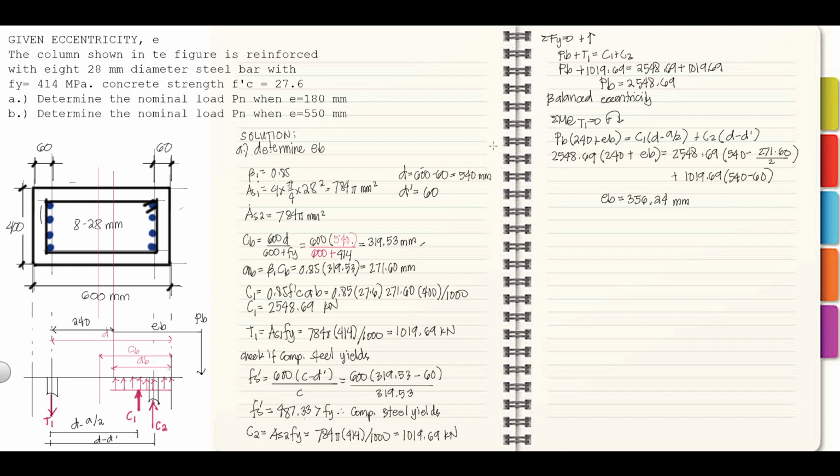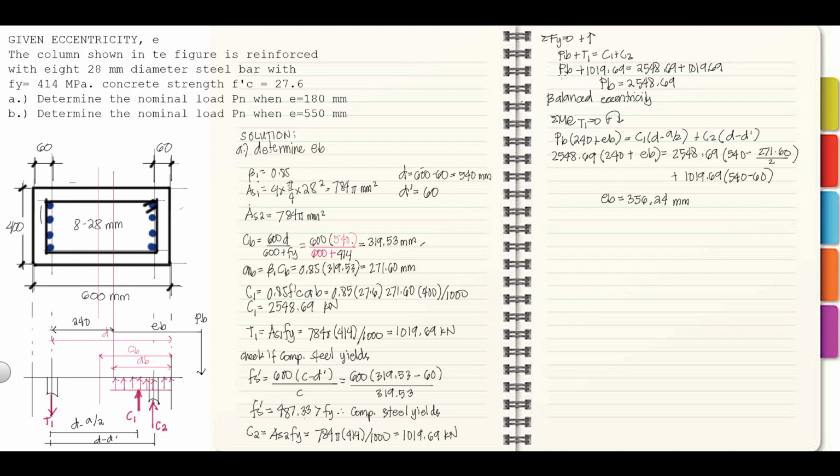Okay, so the P balance or the nominal balance load, PB, can be calculated using this equation, summation of forces along y is equal to 0. So, discuss naman na to sa first video natin. So, PB plus T1 is equal to C1 plus C2. Okay, basically, it is forces downward is equal to forces upward. So we have PB downward yan, T1 is also downward. C2 is upward and C1 is upward.